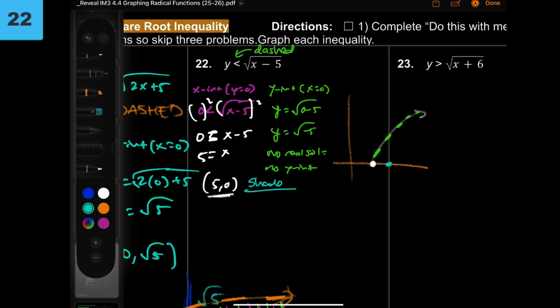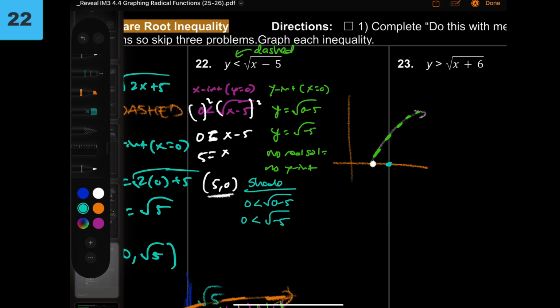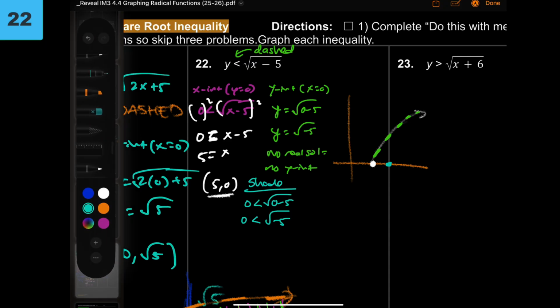If I test it, 0 is less than 0 minus 5, so 0 is smaller than the square root of negative 5. Is 0 smaller than the square root of a negative number? That's not possible.